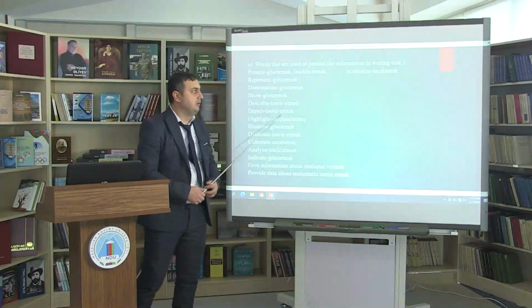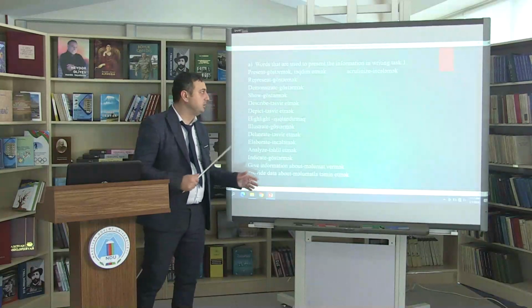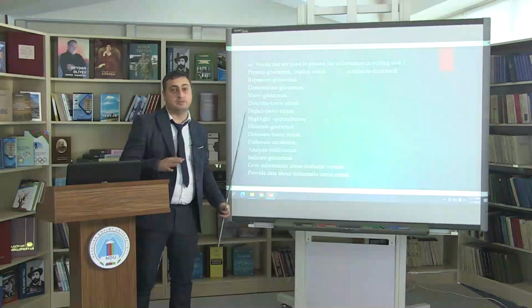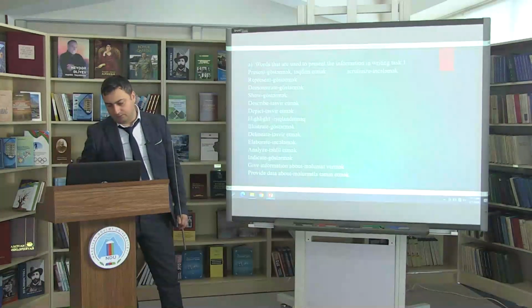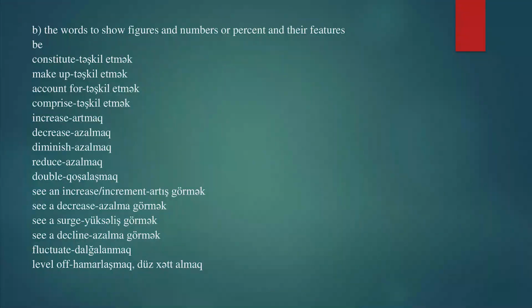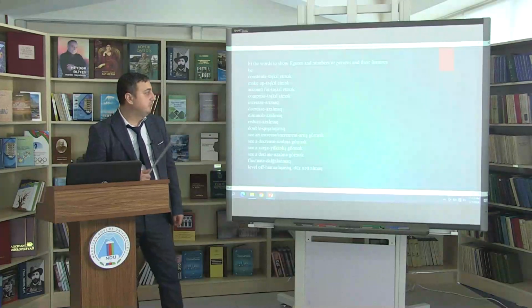When we paraphrase, we should not use the same words. We should replace them with the relevant words, but not any words, the relevant words which are given in the title.